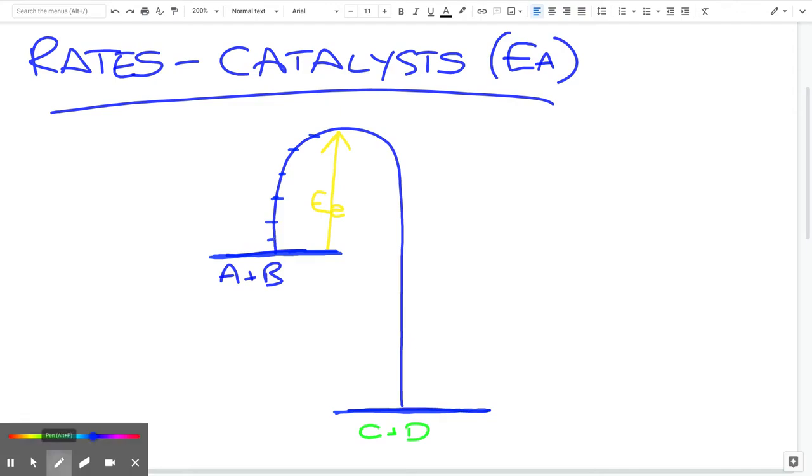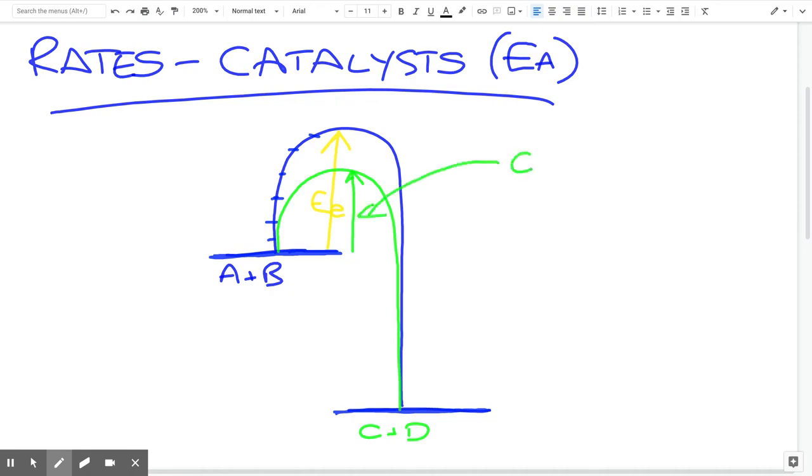So what can we do? What we can try and do, very theoretically simplistically, is reduce the activation energy and essentially make the hill smaller. Seems very simplistic. It's not easy to do. However, it is chemically possible, and we do that by adding a catalyst.